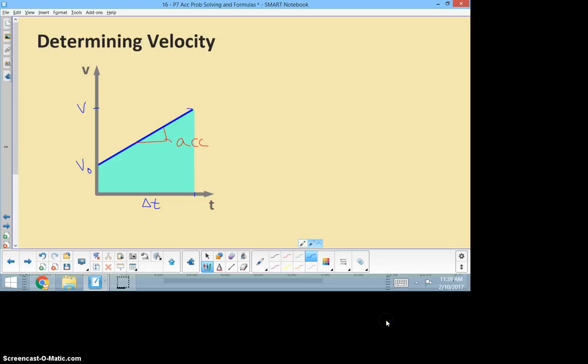When you think about the form of y equals mx plus b, slope-intercept form, we said in our board meeting that the final velocity is equal to the acceleration times change in time plus the initial velocity. This was our first equation for accelerated motion in terms of velocity. So that's an important one. We're going to use that again in a little while.